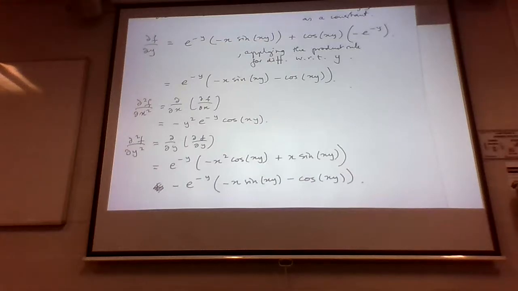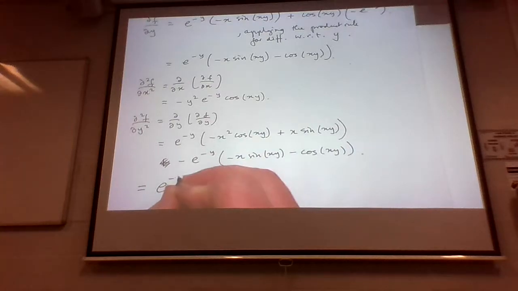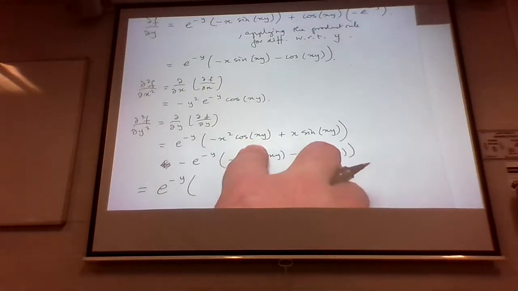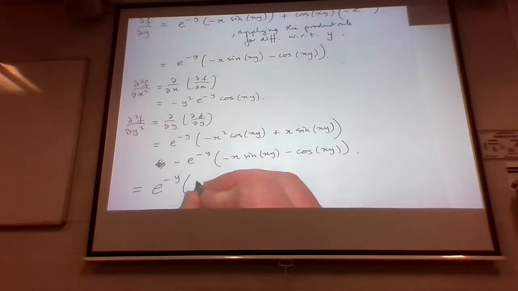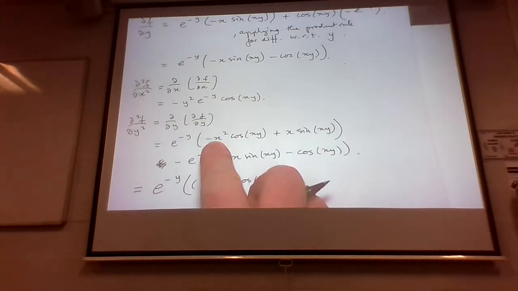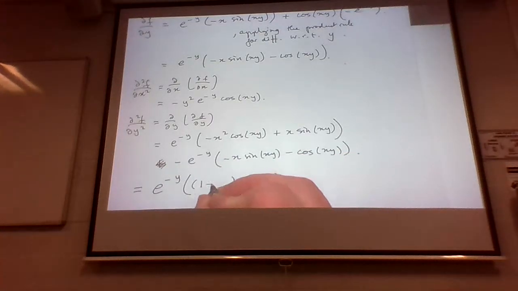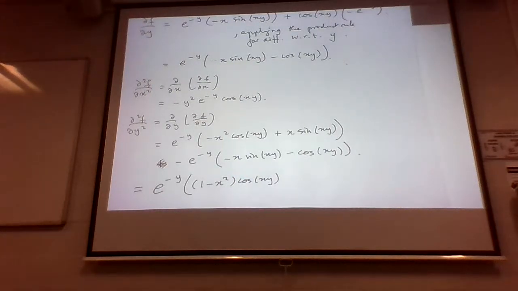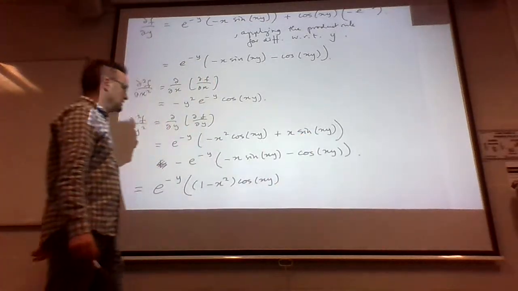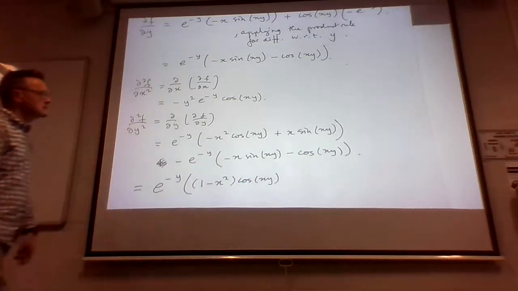Yeah, there is some simplification to do there, isn't there? Yes, we might tidy this up as e to the minus y. You've got a cosine thing there, so it's cosine of xy. And we've got minus x squared minus 1. You got 1 minus x squared there, I think. And on the sines, we've got x sine xy, plus another x sine xy.